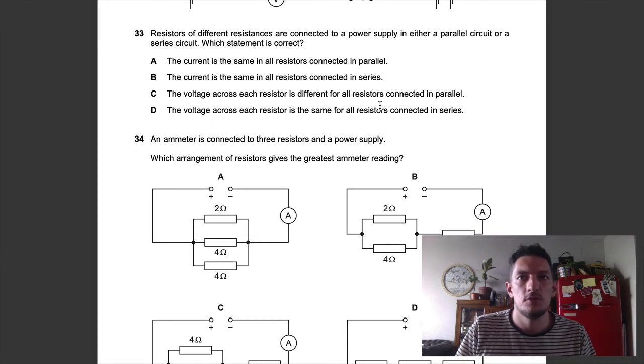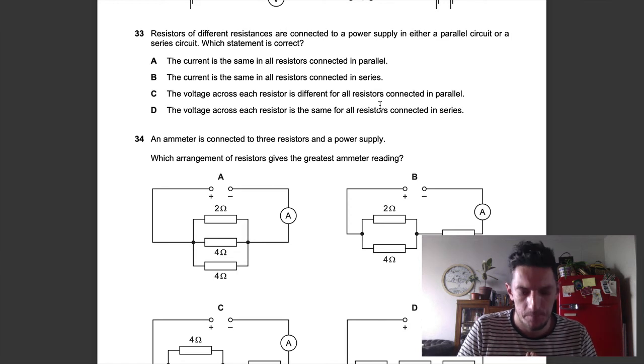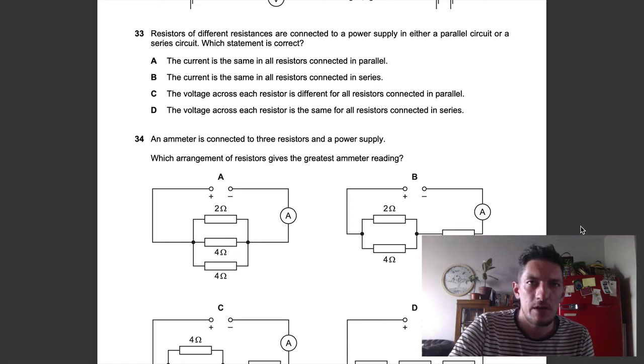The voltage across each resistor is the same for all resistors connected in series. Okay. The correct answer is B. Within a parallel circuit, the current doesn't have to be the same everywhere. In a series circuit, the current is the same everywhere. That's the right answer.